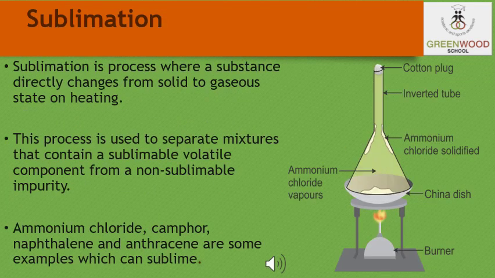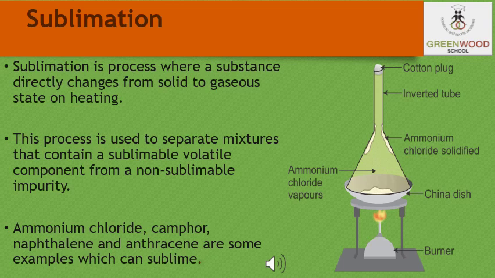Moving on, the next technique we are going to learn is sublimation, that is the separation of a solid volatile component from a mixture. Some solids have a tendency to sublime on heating, that is, they convert directly from the solid to the gaseous or vapor phase on heating without passing through the liquid phase.